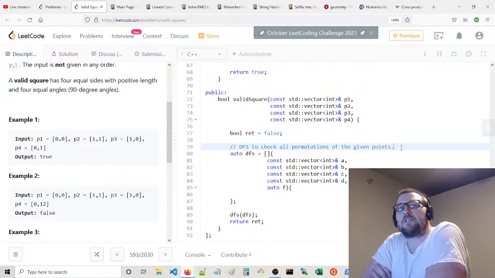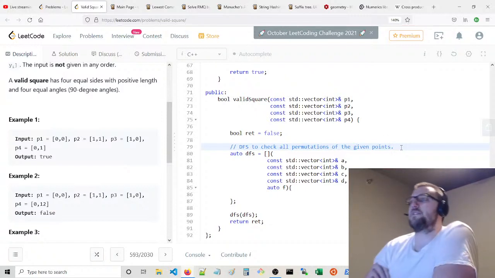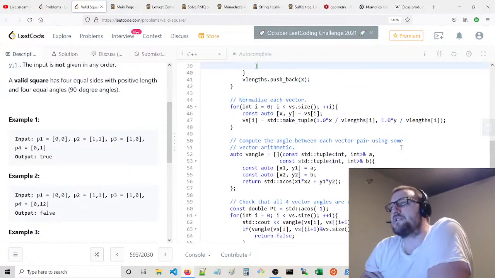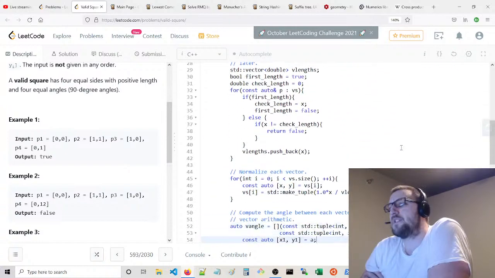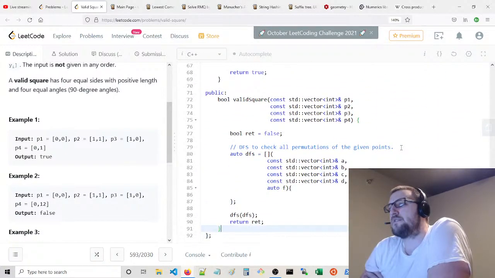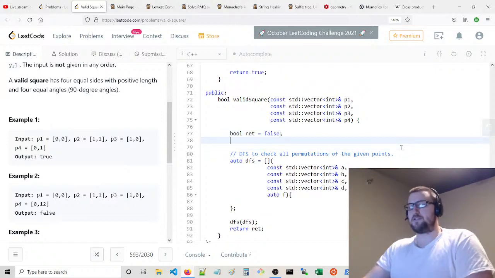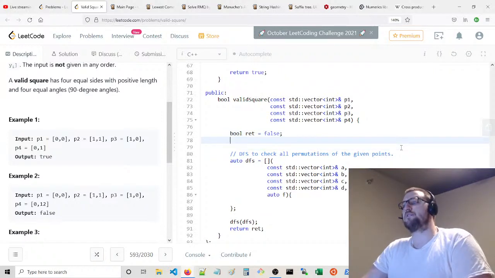Like a splat operator. Yeah, an unpacking, unpack operator. It's kind of rare in C++, but that's fine. We don't actually need to use that. Oh, it's okay. We can use an array of integers or vectors. Yeah.